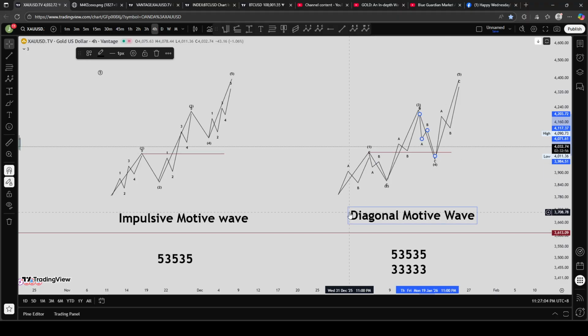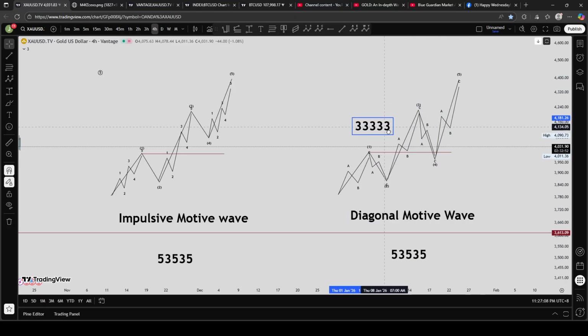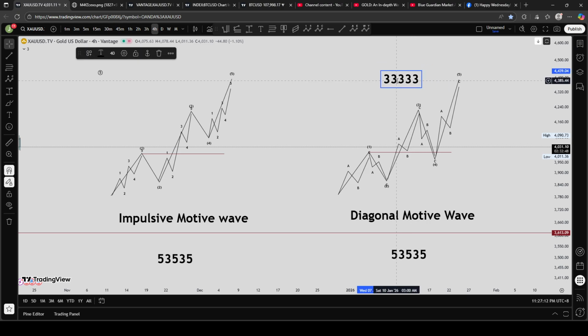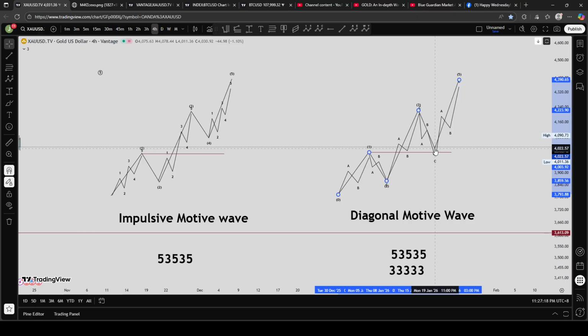However, the internal wave structure is 3-3-3-3-3. As long as the structure is 3-3-3-3-3, or 5 sets of 3 waves going up, then wave 4 can be exempted according to the rules.